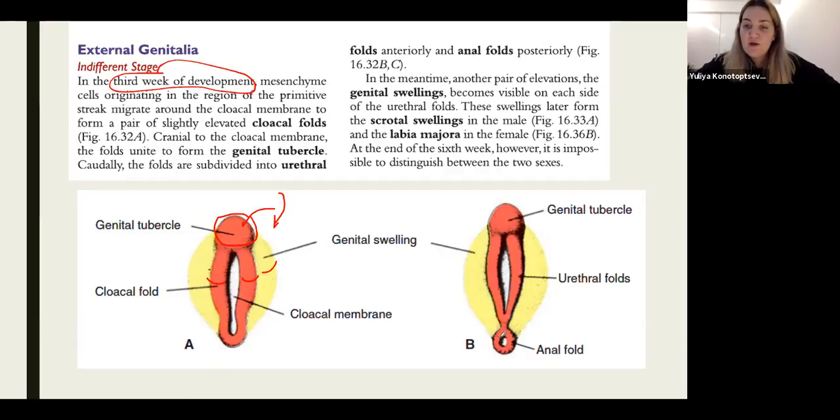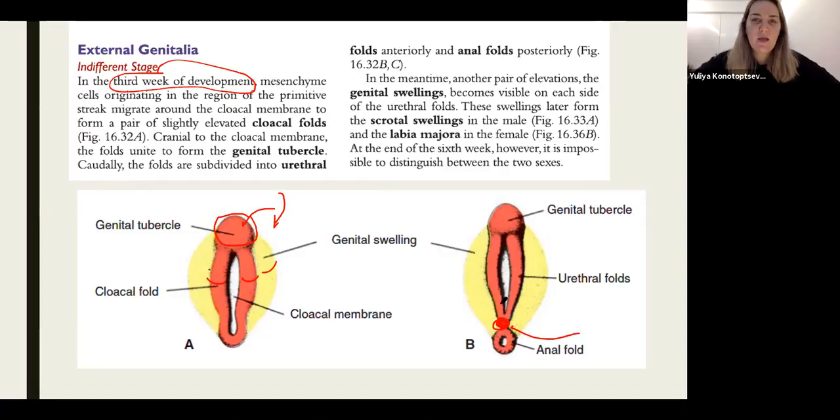Now, here you can see that something has happened. Perineal body is here. So what has happened? Invagination of the membrane. Not invagination, but if I tell you that this is the perineal body, what has happened? Splitting. You remember one cloaca was split into two parts, into the urinary part and into the anal part.